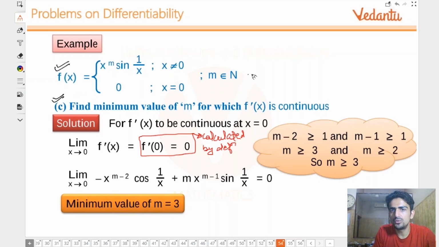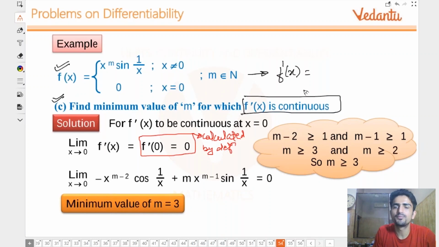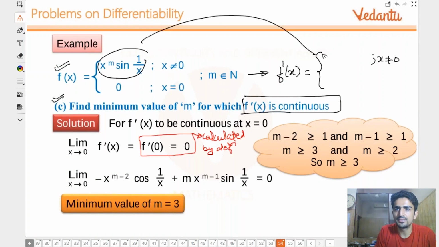Guys, here you need to understand what happens when you write f dash. First you need to write f dash, only then you will check its continuity, no? So for x not equal to 0, you differentiate directly.